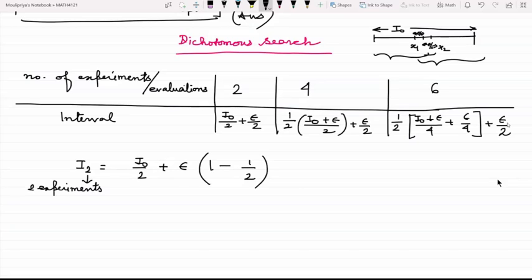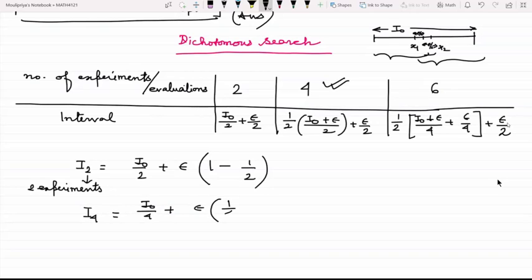Acha. I4, this one, I can rewrite like I0 by 4 plus epsilon times 1 by 4 plus half.